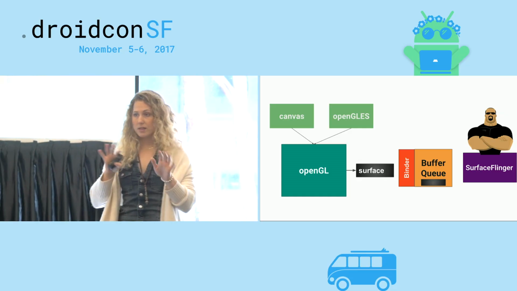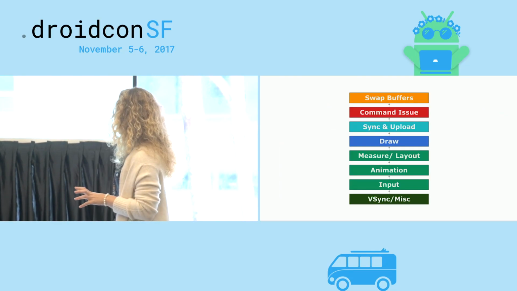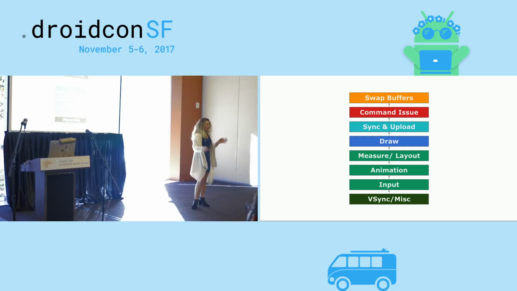So it doesn't matter which way we choose to render, it's going to end up the same way. These are, once again, the steps that we saw and talked about before.